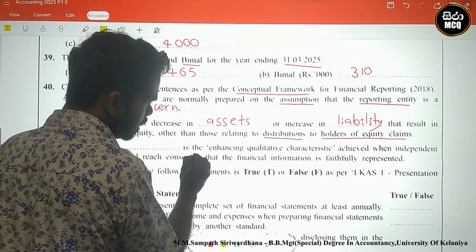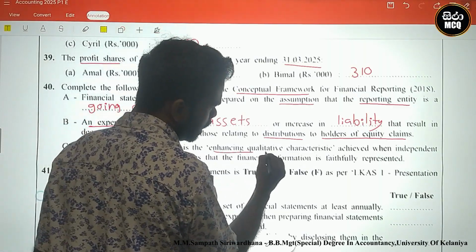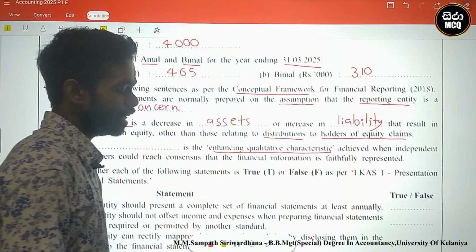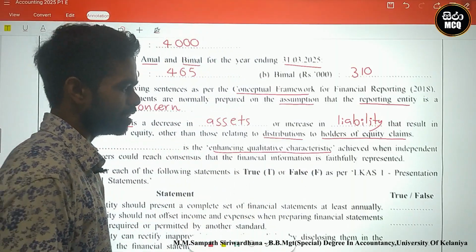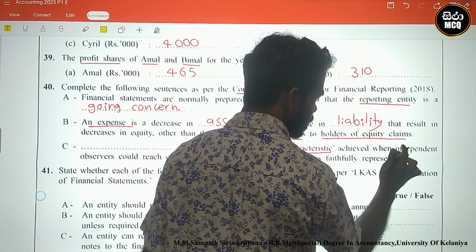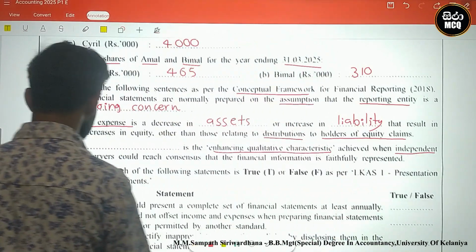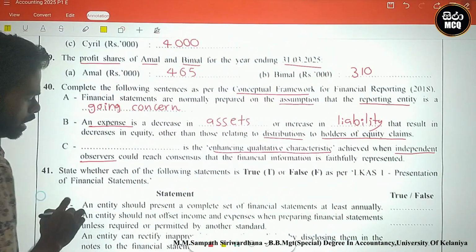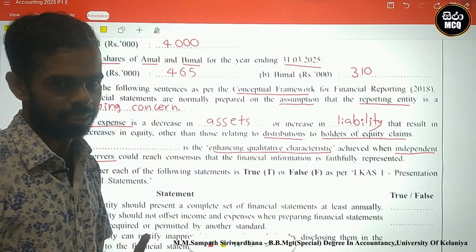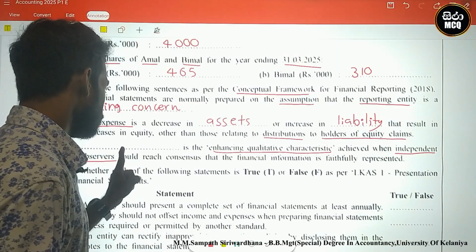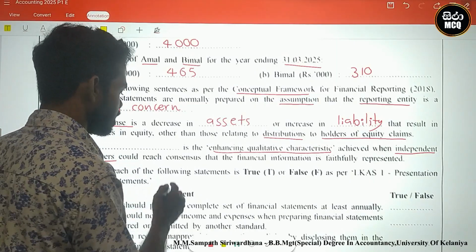Blank is the enhancing qualitative characteristic. Enhancing qualitative characteristics are achieved when independent observers, meaning auditors, could reach consensus.